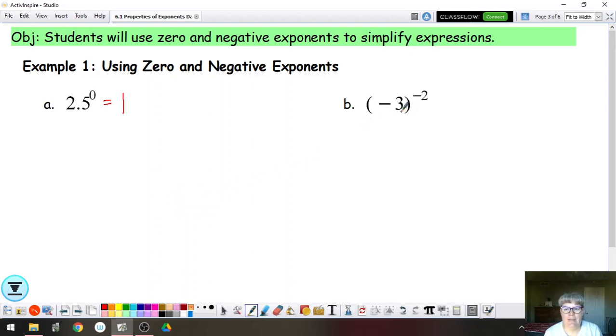Something like negative 3 to the negative 2. We have that negative exponent. So if we're just simplifying, this becomes 1 over negative 3 squared. So I'm going to point out this is a simplified answer.